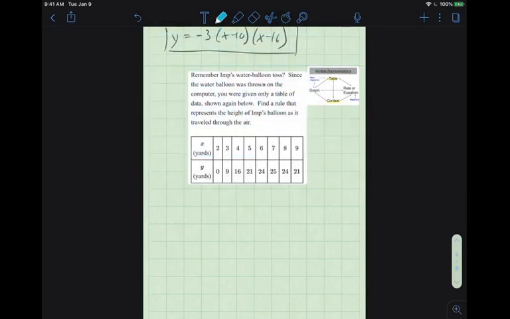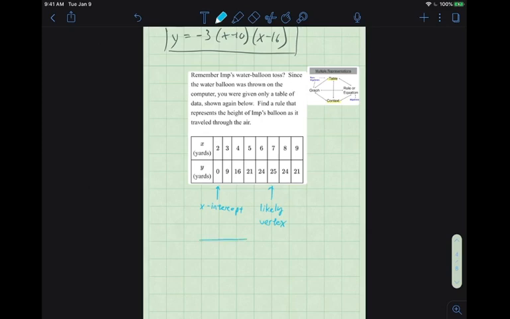this thing is an x-intercept. We don't know its y-intercept yet. We can tell that this thing is likely to be its vertex, because that's when it starts decreasing, right?